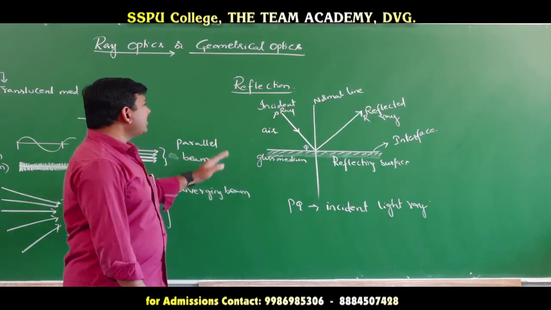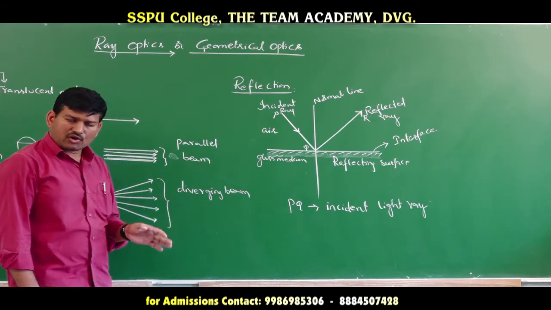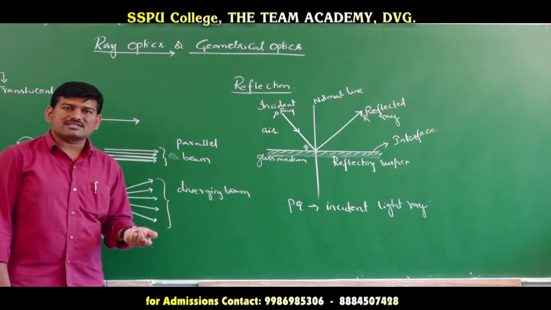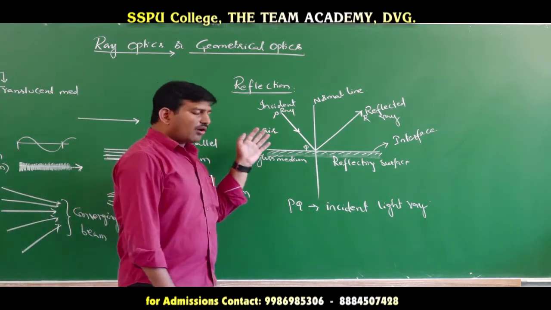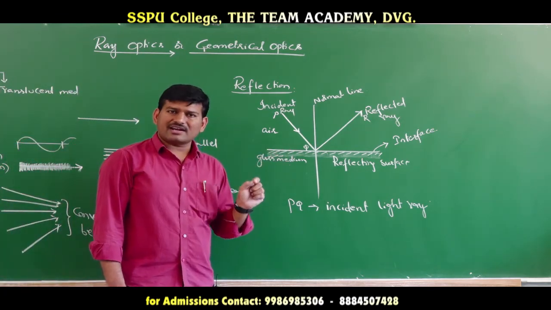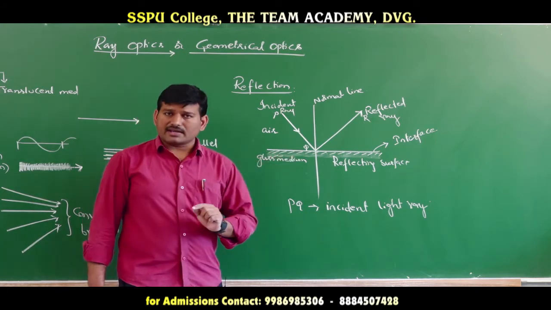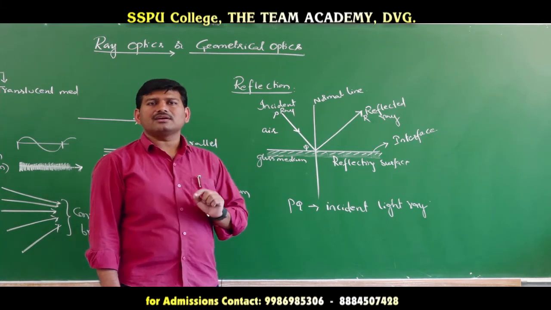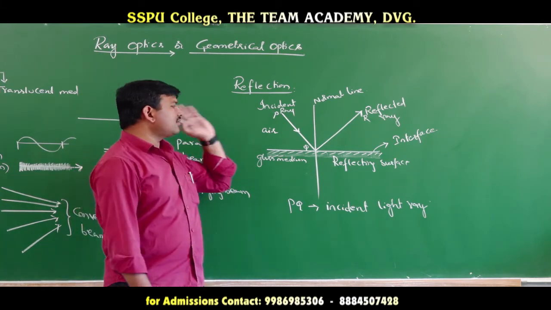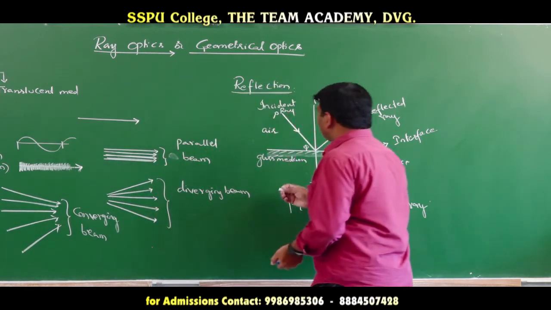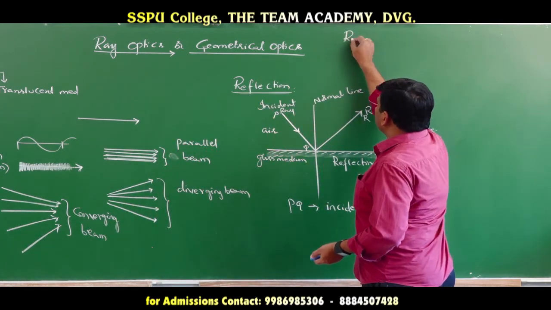An optical phenomenon in which the incident light ray comes back into the same medium after falling on the interface is said to be the reflection phenomenon. So, I am writing the definition for reflection.